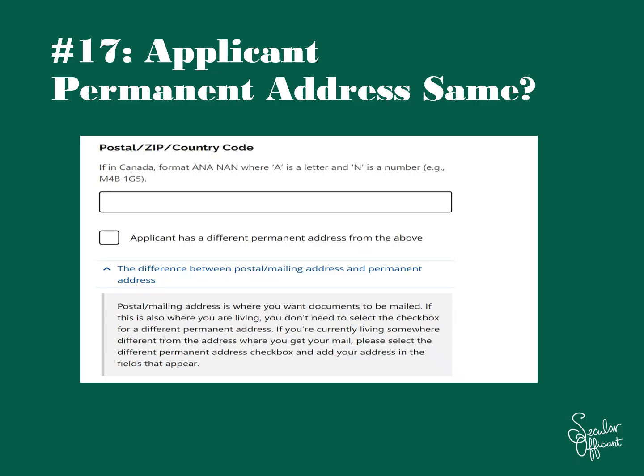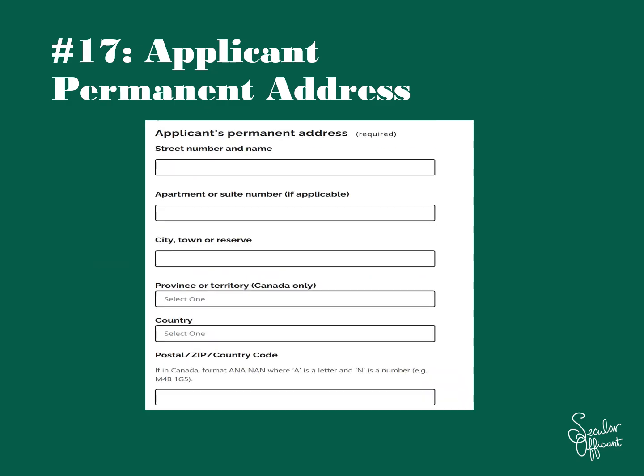Step 17 is indicating if you have a different permanent address. If you do, select the square box next to Applicant has a different permanent address from above. You will provide your permanent address and include the street number and name, the apartment number or suite number if applicable, the city, town, or reserve.